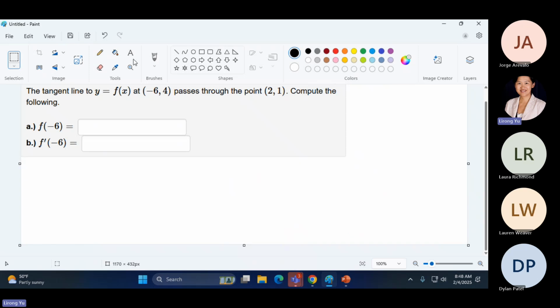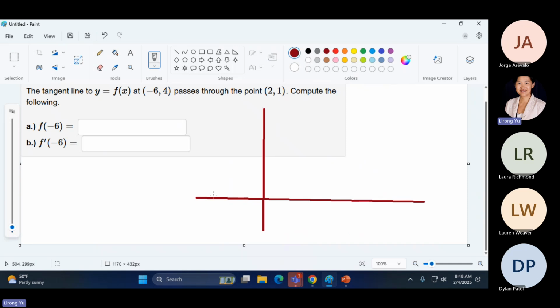Okay, so essentially we're saying that you've got a tangent line, and on the tangent line, we already have 2 points. One point is a point of tangency, that's at negative 6, 4. So right there, that's the point negative 6, 4.